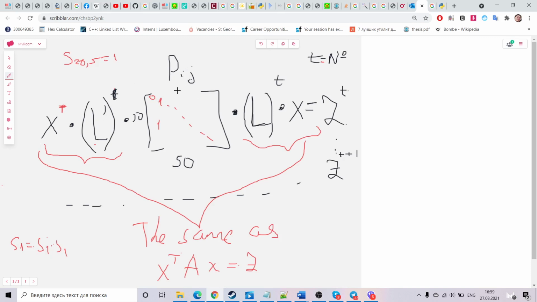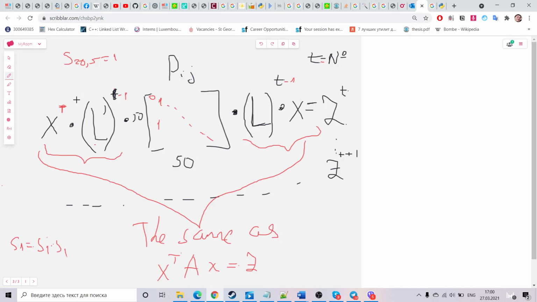We have already considered what it is, and then we multiplied secondly by our state, so the initial state and the companion matrix in power of t minus 1, and the initial state, and we will get our value of z_t. Why?